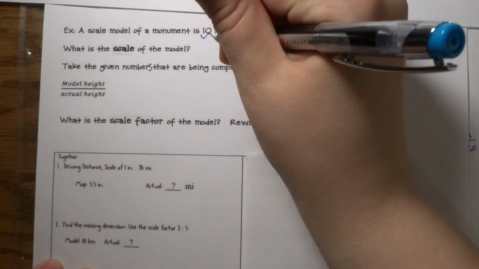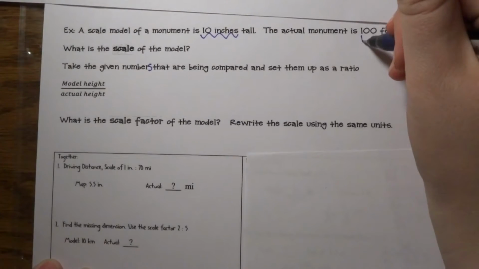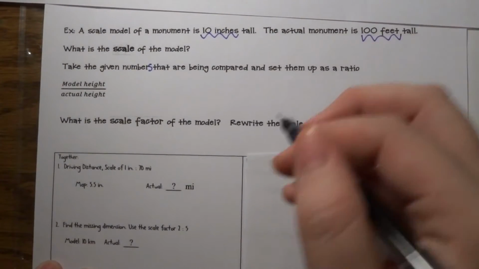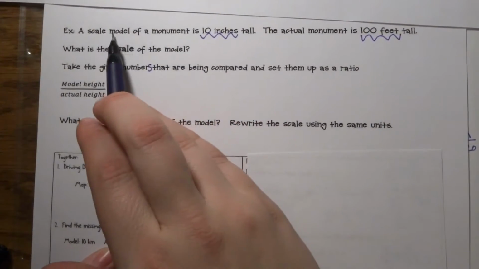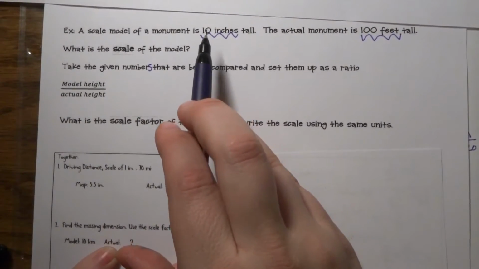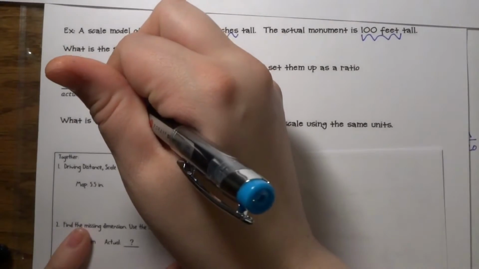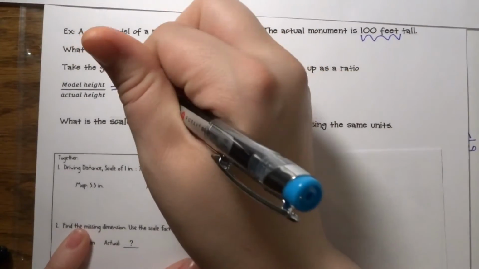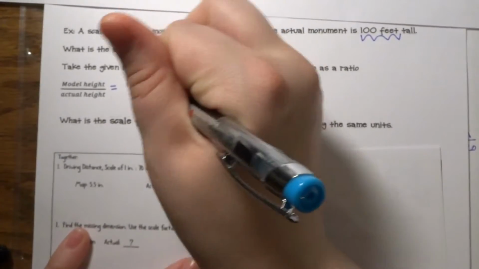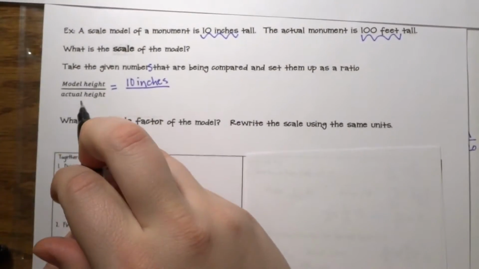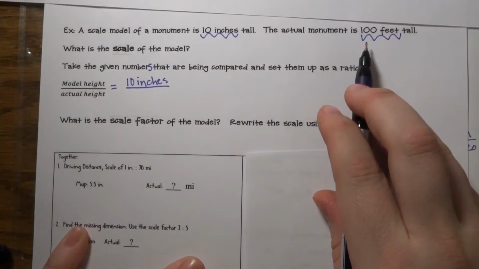So we know 10 inches and 100 feet is what we're comparing. So we want the model height on top. 10 inches is our model. That will always go on top. Now we want our actual height on the bottom, which is 100 feet.